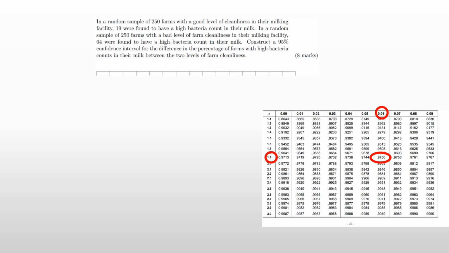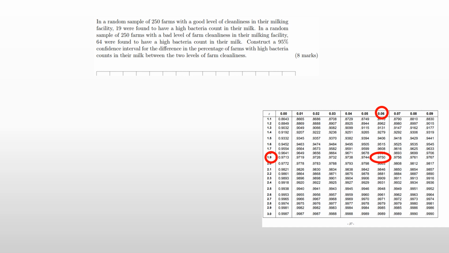All of those 250 have a bad level of cleanliness, and 64 of those were found to have a high level of bacteria in their milk, right? So you have two samples, and you have to find a confidence interval of the difference in the percentages of those two samples or populations, right? It's a more complicated problem because you have two samples. In the previous two examples, it was just one sample, right?